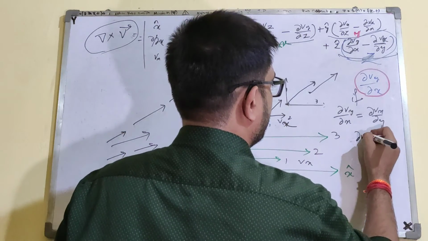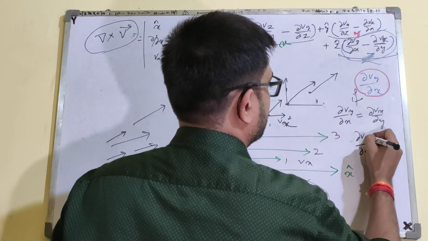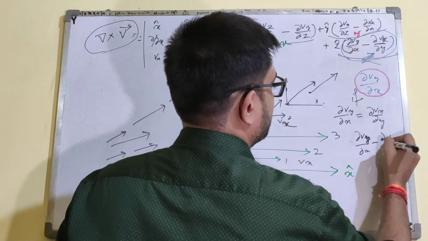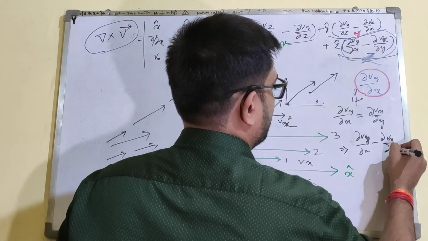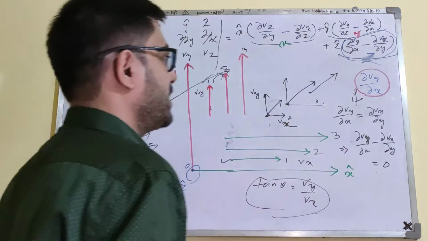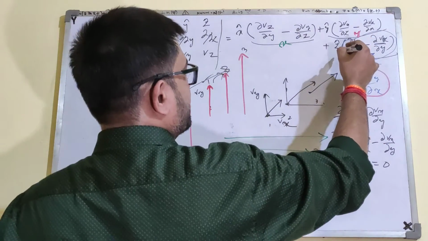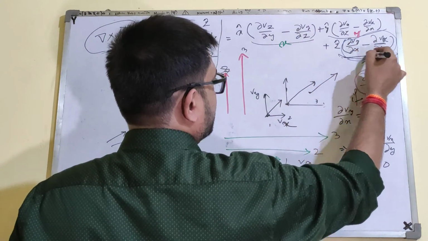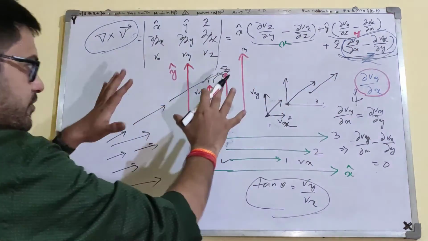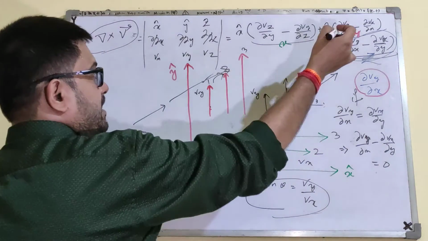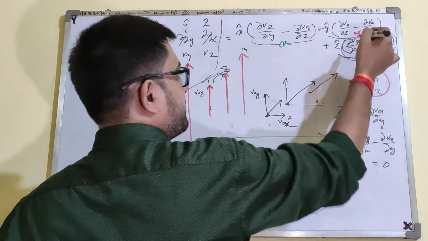So that means del Vy by del x minus del Vx by del y is 0. Correct? That means the component of curl in the z axis, which we are trying to find out, becomes 0 if del Vy by del x is the same as del Vx by del y.